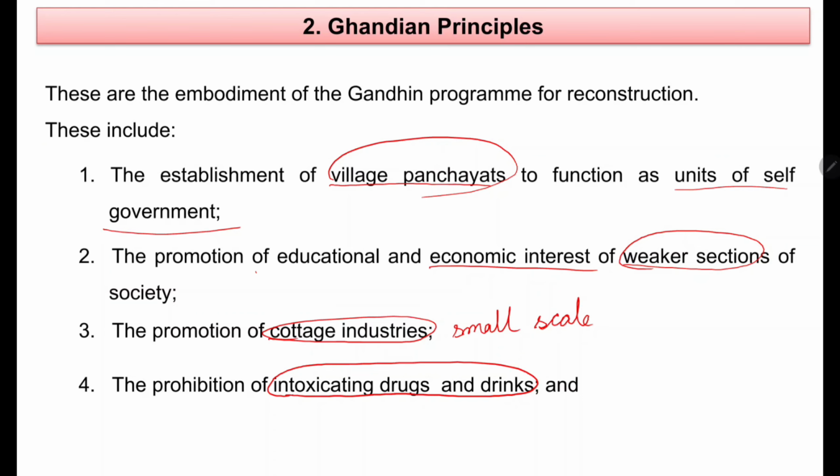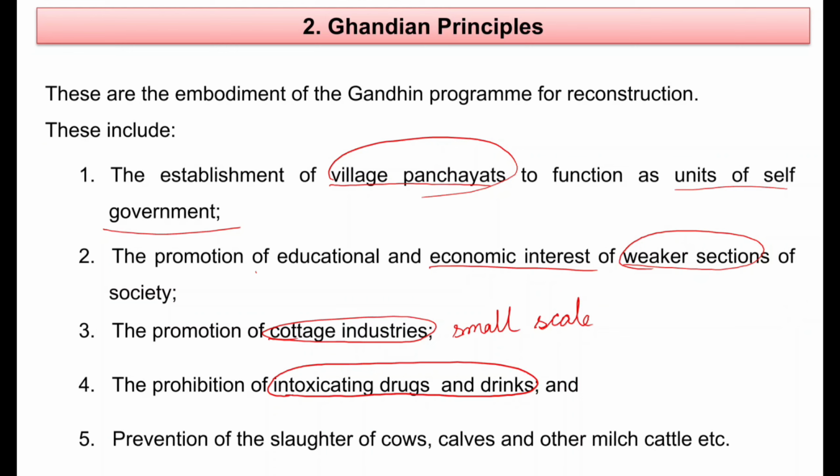If you see the sachet of tobacco, you will find very disturbing images, like cancers you will face if you keep chewing tobacco. So why is the government doing that? So that seeing those pictures, people will avoid it. Not only tobacco, but drugs and drinks also ruin the youth of society. So prohibition should be there.